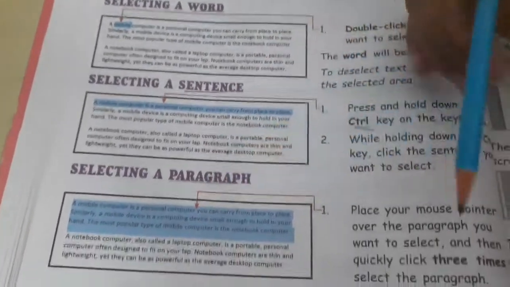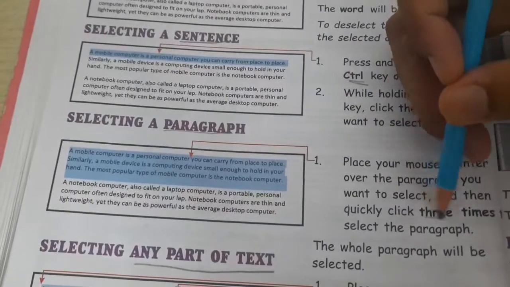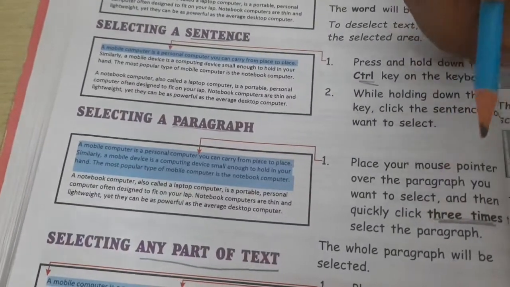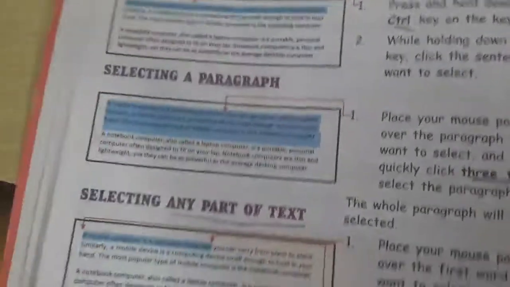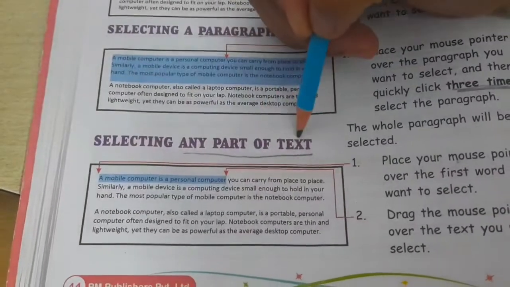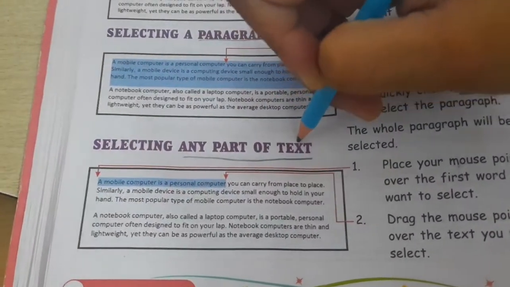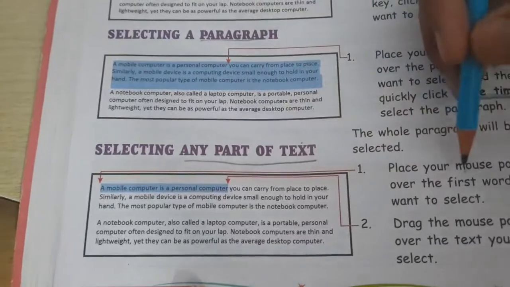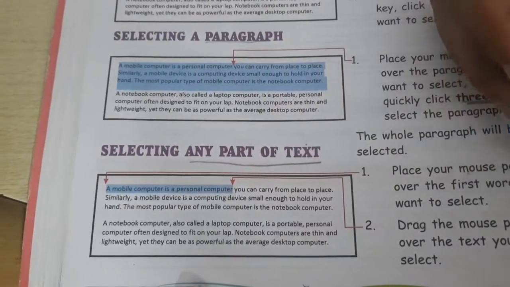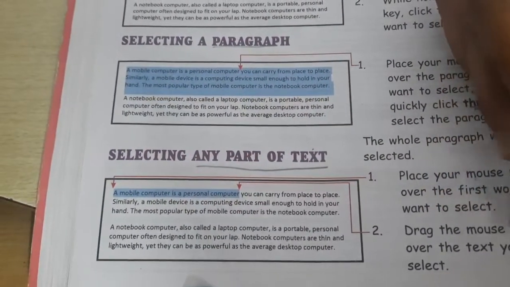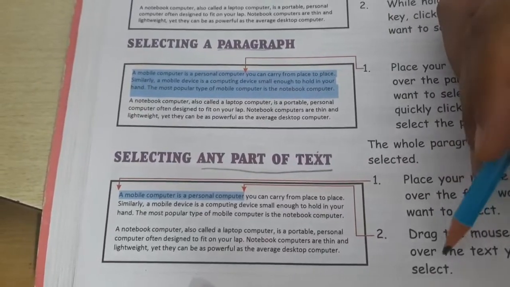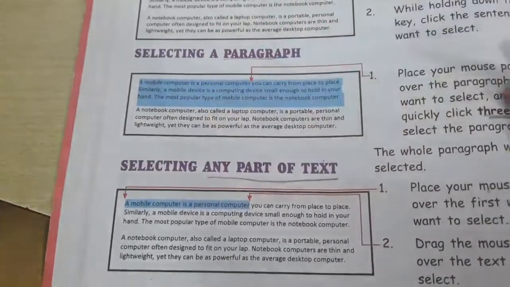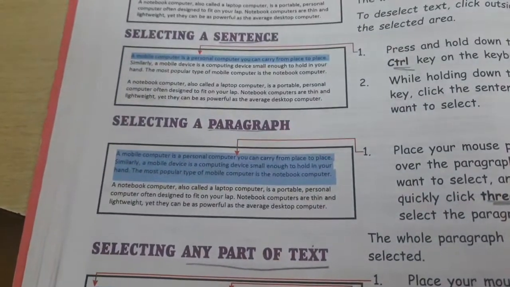For the paragraphs, we have to click 3 times over the paragraph which we want to select. And for any part of the text, dragging will come here. How? Keep your mouse pointer over the first word you want to select and drag the mouse pointer over the text you want to select. So you can select any part of the text.